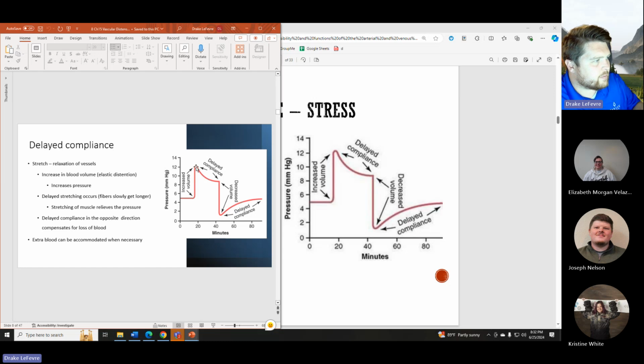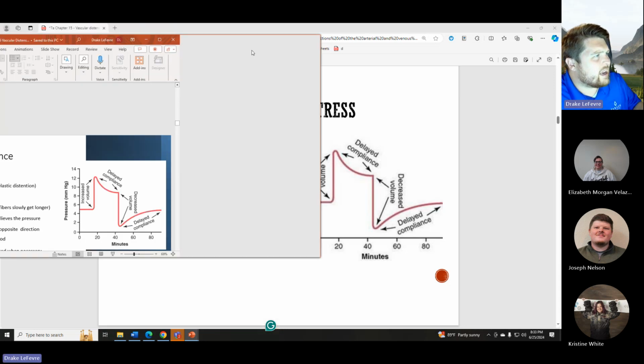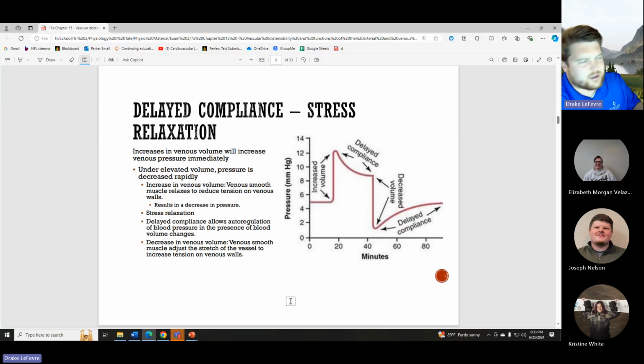So we increase the volume, the fibers stretch until the blood passes through, and then we get more delayed compliance at the end, depending on the situation. It's over an extended period of time. Again, I don't remember ever getting questions about this, so I wouldn't worry too much about it. I probably know the definition, so I know this first line. Essentially, the veins relax when they get a bunch of blood put into them.